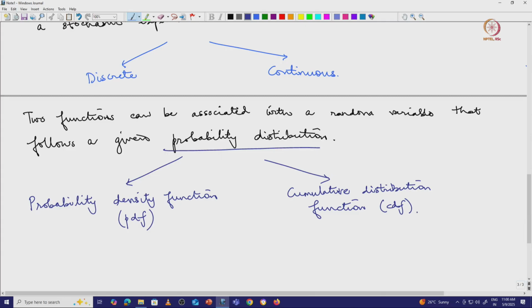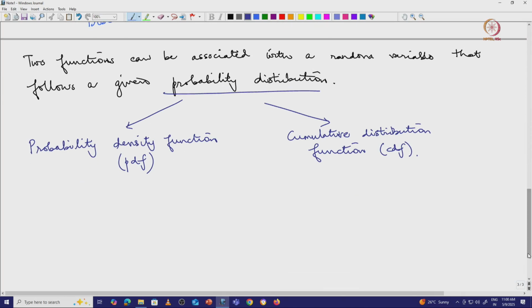So, these two functions play a very important role in characterizing the properties of random variables and the probability distributions that they follow.